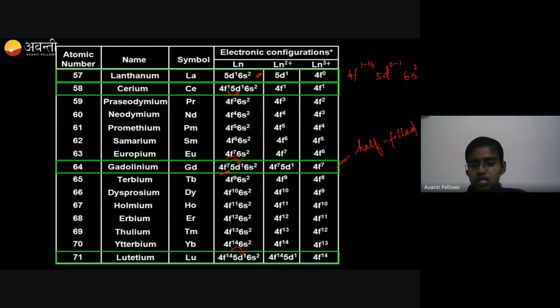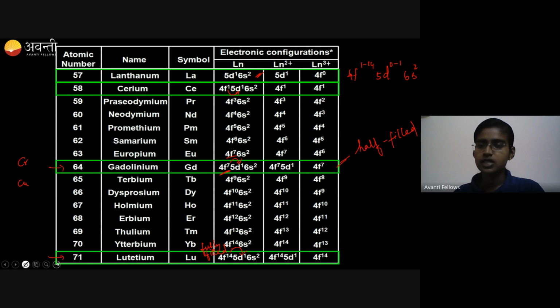The same way here also: due to the fully filled configuration of the 4f subshell, the last electron enters into the nearby 5d orbital, to give this configuration. So there is an exception like we have seen in d block for chromium and copper. Here we are facing it for gadolinium and lutetium for the same half-filled and completely filled reason.